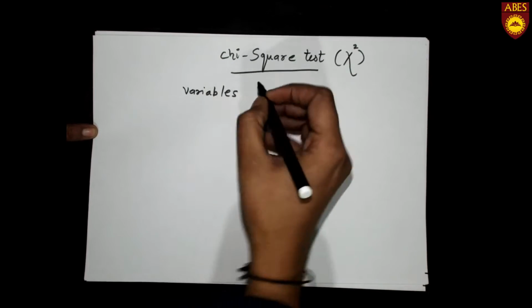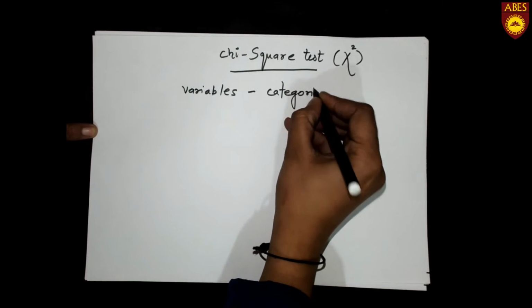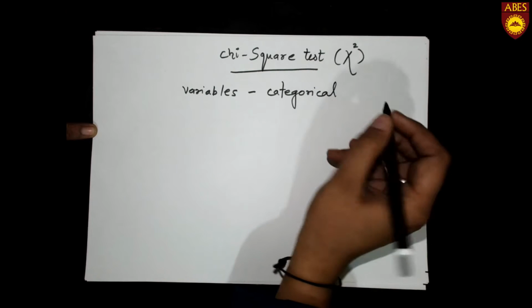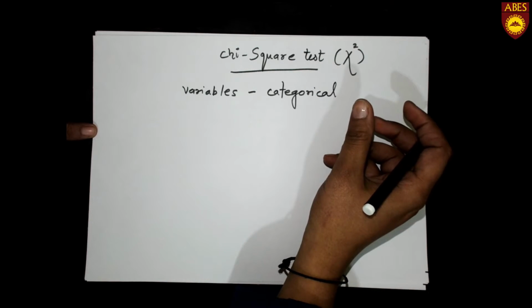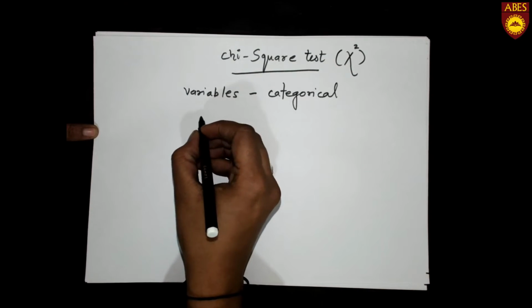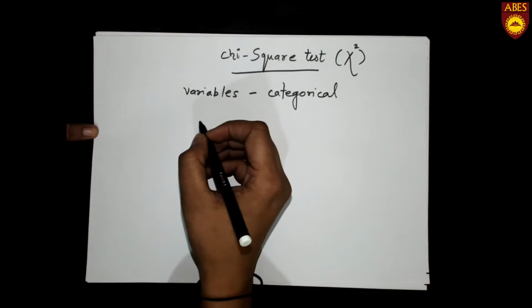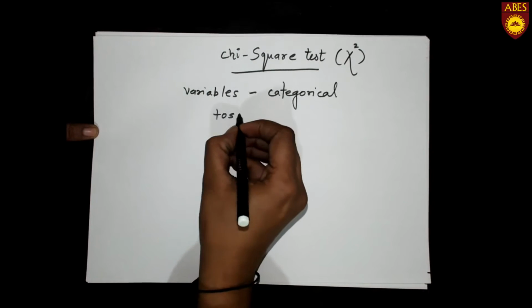When I'm talking about the variables, they should be categorical values, where I can differentiate between discrete and categorical. For example, I would take one experiment where I need to toss a coin.